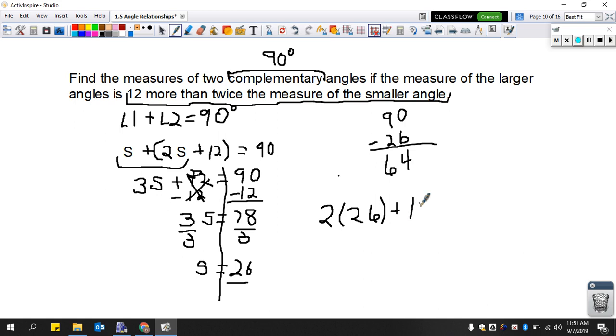And we need to just verify that that's actually 64. 2 times 26 is 52. 52 plus 12 is 64.